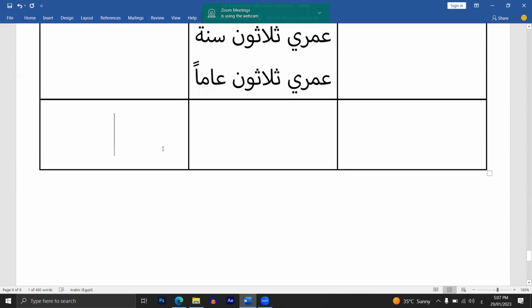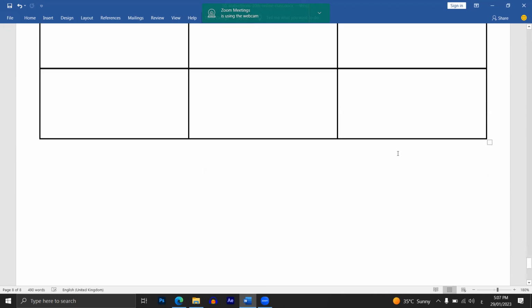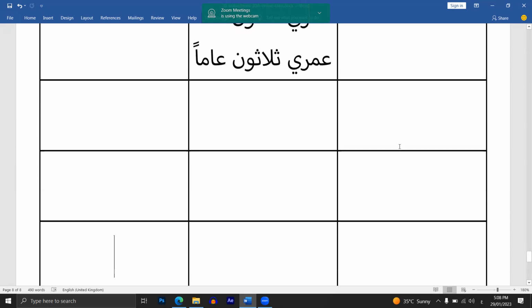And we didn't mention asking about the job or the occupation, and then saying goodbye or farewell. Asking about occupation, we can use ما عملك. ما عملك, ما عملكما, and so on.